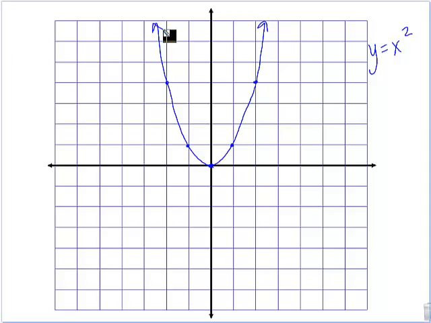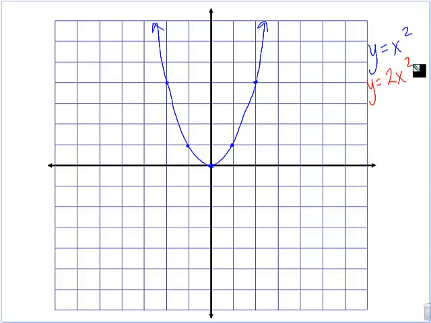So on this graph, we're going to add on y equals 2x squared. What do you think that 2 should do to this graph? Should it make it wider or should it make it narrower? It gets skinnier, it gets narrower.